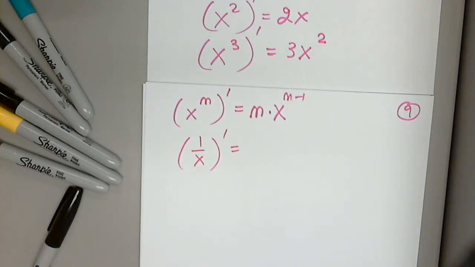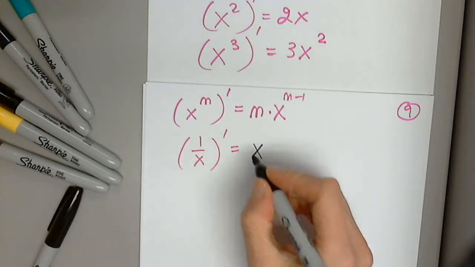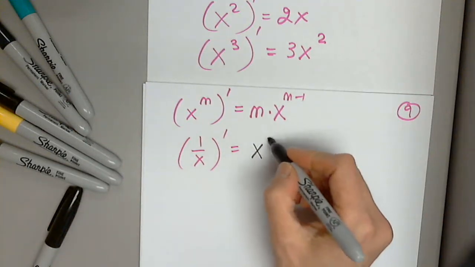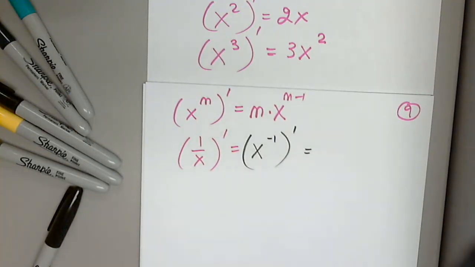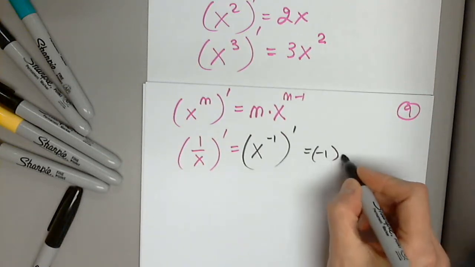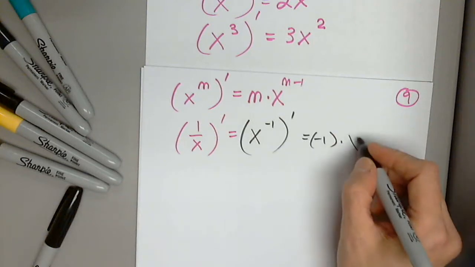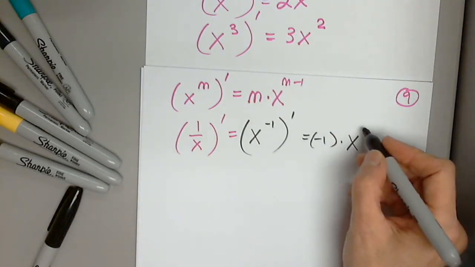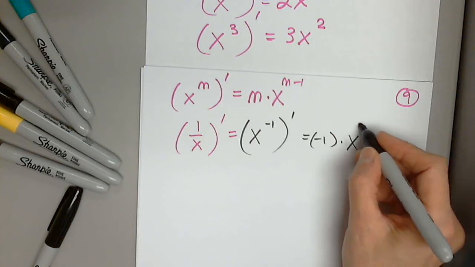But I have to think what 1 over x can be replaced by. And it can be replaced by x raised to the power negative 1. So please tell me now, what do you think this will equal? So -1 multiplied by x raised to the -2.